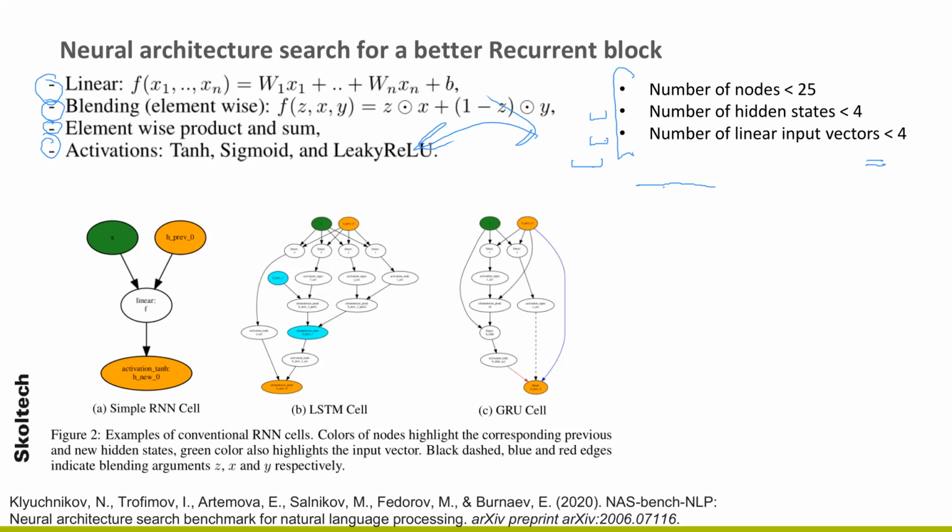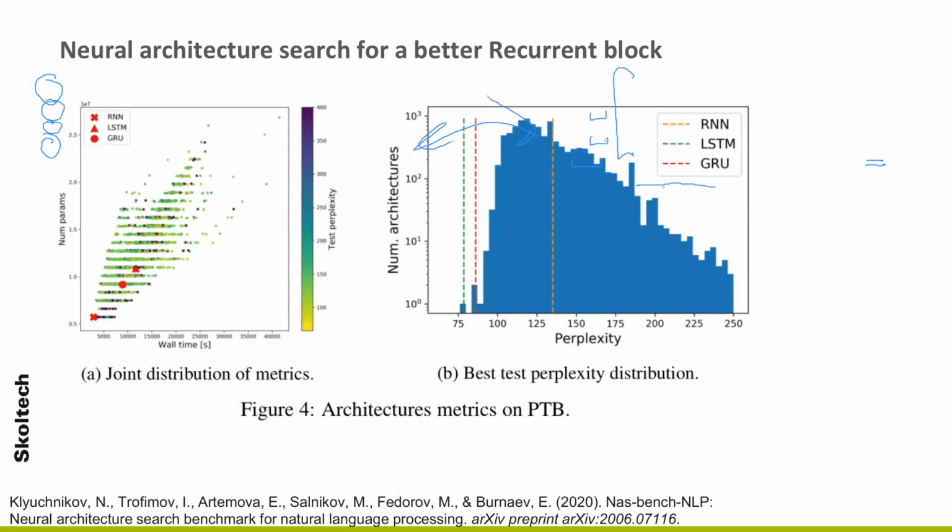And also we state that each architecture we know before, LSTM, GRU, and RNN, belongs to this search space. So we are trying to generate better architectures and see how many parameters and how much training time we need. And also you can see that there are three common guys, RNN, LSTM, GRU here.